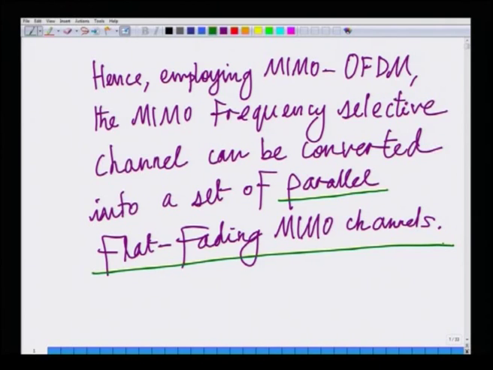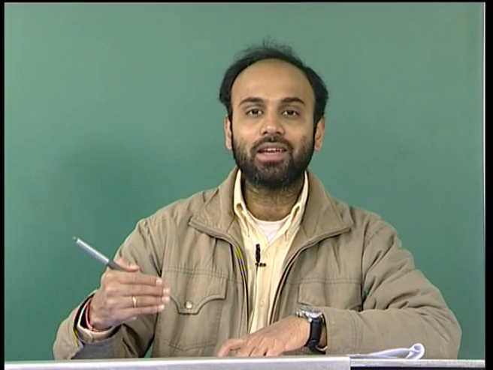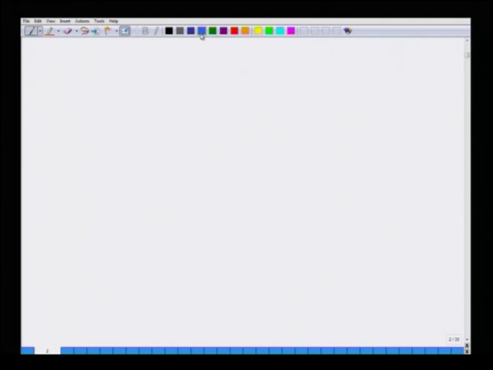And now, how does the output look across each subcarrier? Across each subcarrier, we have a flat fading MIMO channel. If I look at the output across each subcarrier, I have y bar 0 equals h tilde 0 times x bar 0.